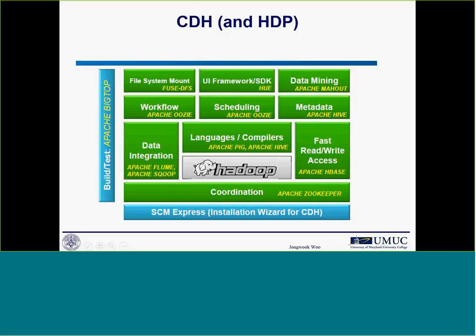Okay? So in the center of Hadoop, there is Pig and Hive and HBase. HBase is a NoSQL DB. Also Flume and Sqoop for data streaming, and for coordinating the multiple nodes, there's ZooKeeper, etc. So there are many ecosystems that are supported by CDH and HDP.